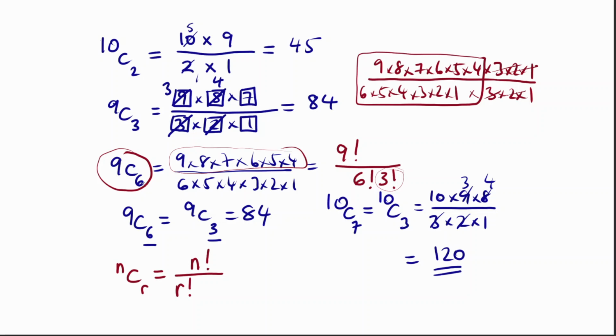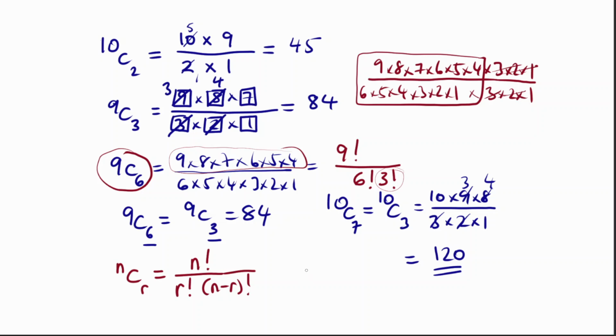You basically want the first 6 numbers, 9, 8, 7, 6, 5, 4, that's 6 numbers, and then the other 3 to cancel. So it's just the 9 take away 6, which if we have n and r, will be n minus r factorial. So the formula looks really complicated actually, but when you think of it like this, you can see the reason why.